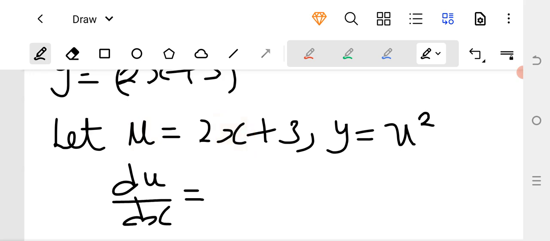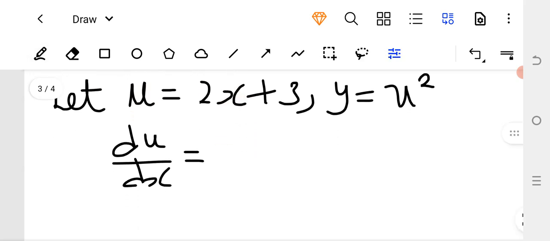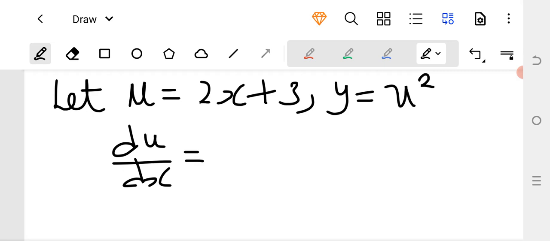The term 2x has x, and the derivative with respect to x is going to be 2. The derivative of a constant is 0, so we don't need to write it.